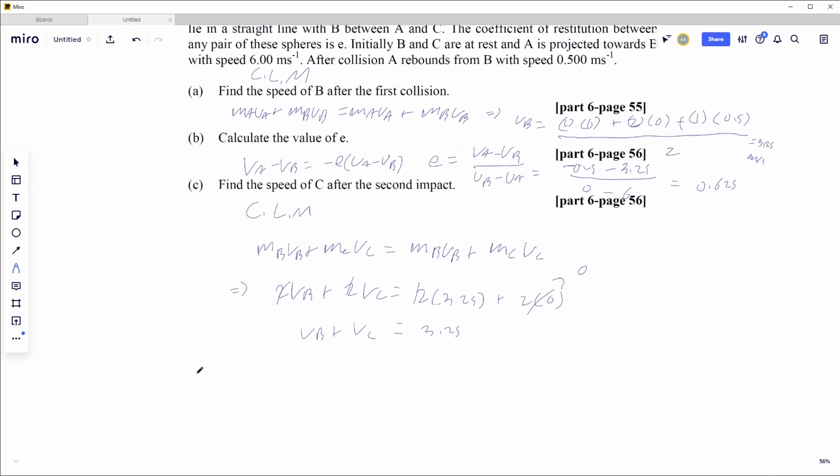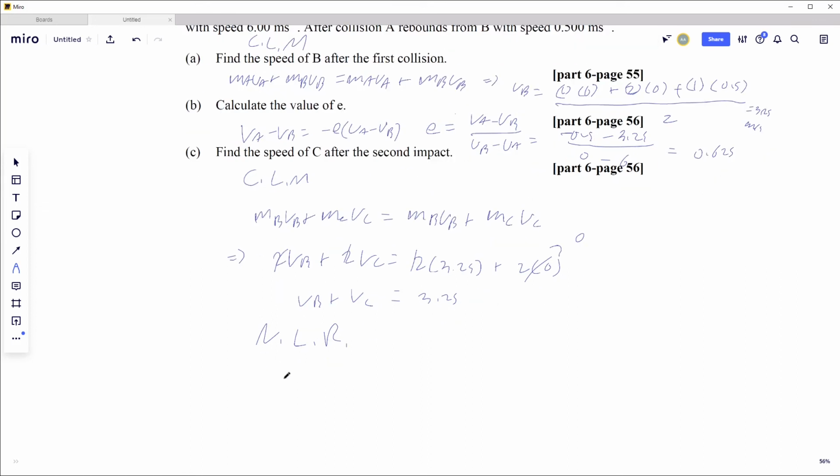Now time for Newton's law of restitution. VC minus VB equals, we just found e, so just use it, 0.625 times UB minus UC. We're talking about B and C, so UB is 3.25 and UC is 0, so minus 0.